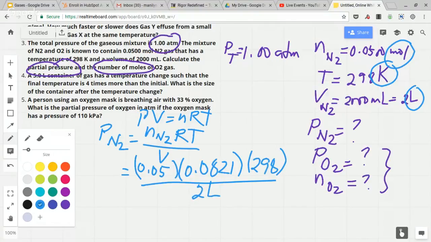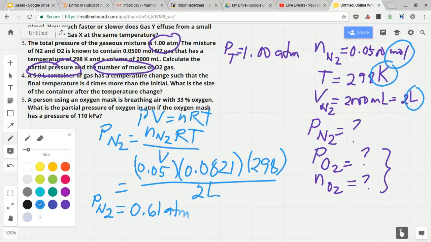Putting all of that in the calculator, sorry, I have to put my equal sign here beside the over. Okay, so that's gonna be it. Please input that in your calculator. When you input that, the final answer for the partial pressure of N2 is 0.61 atmosphere.